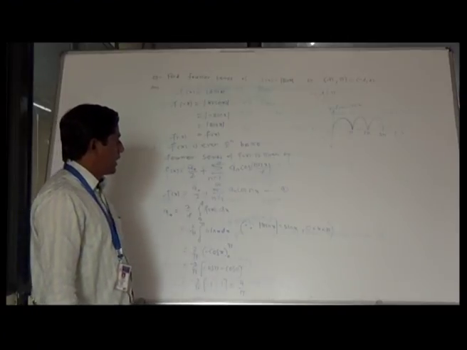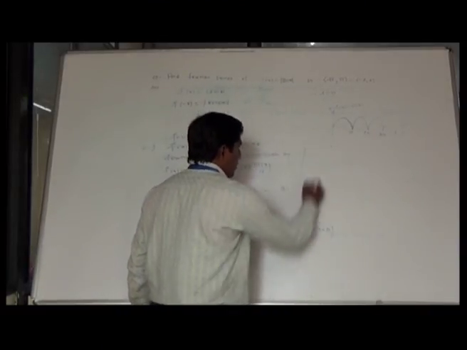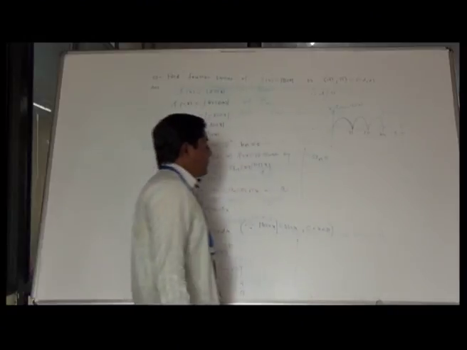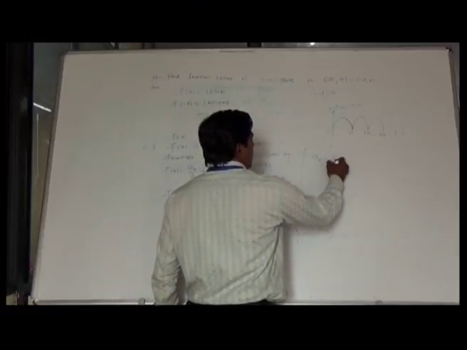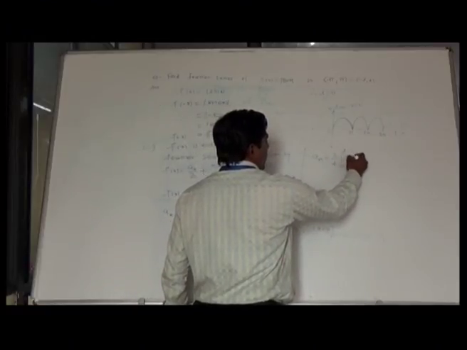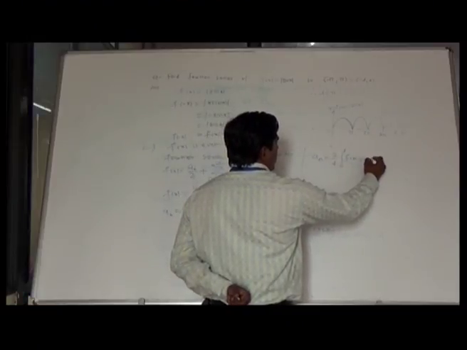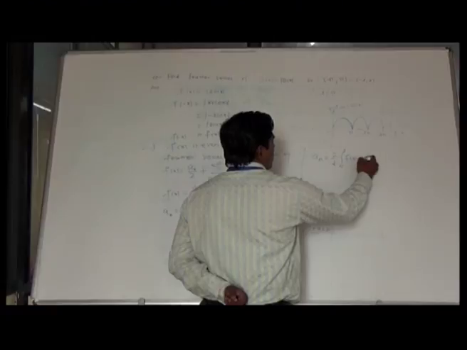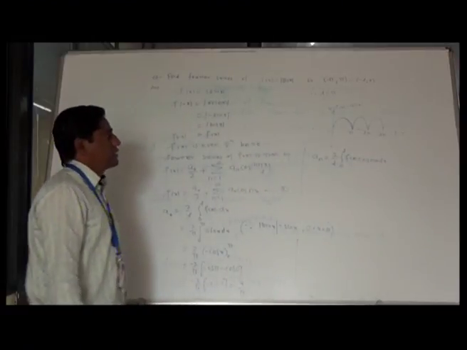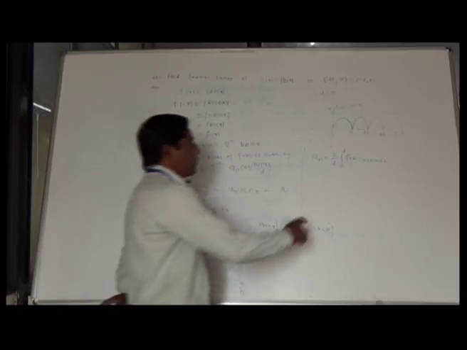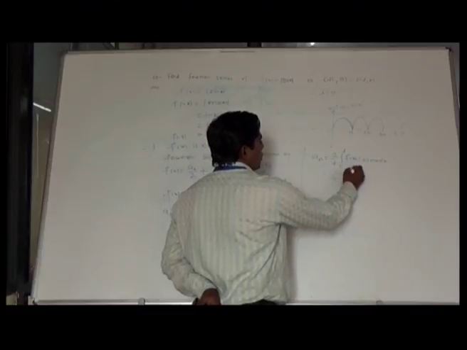Now we find an. The formula for an is 2 upon L integral 0 to L f(x) into cos nx dx, but L equal to pi, so it is equal to 2 upon pi integration 0 to pi.